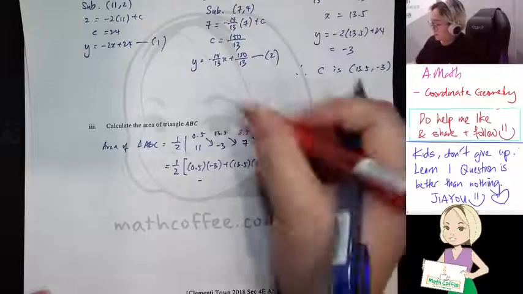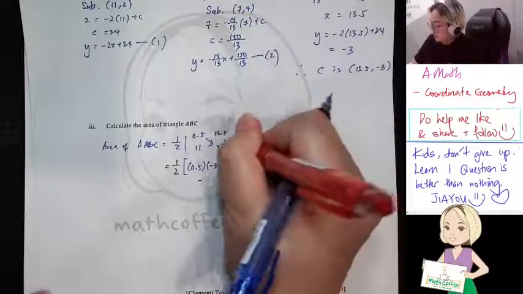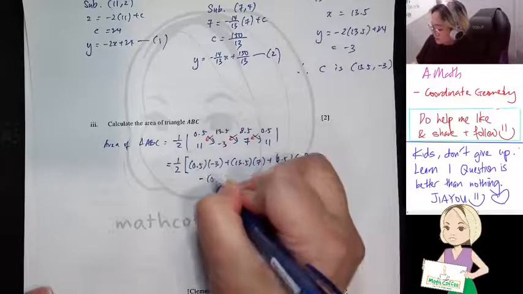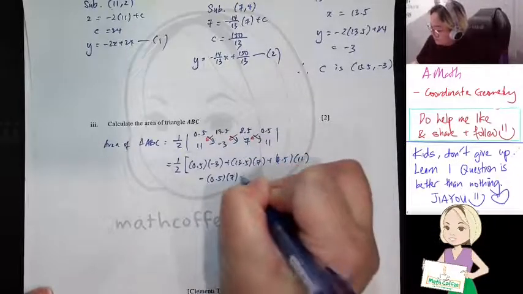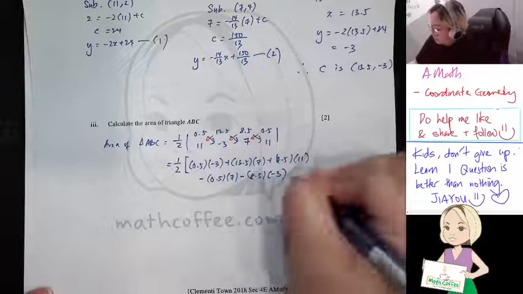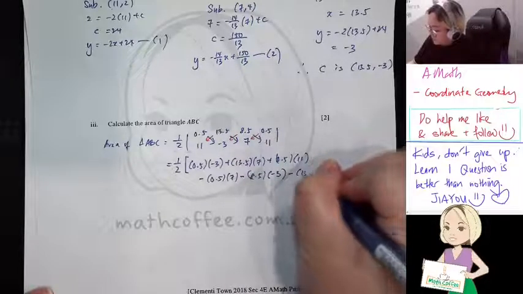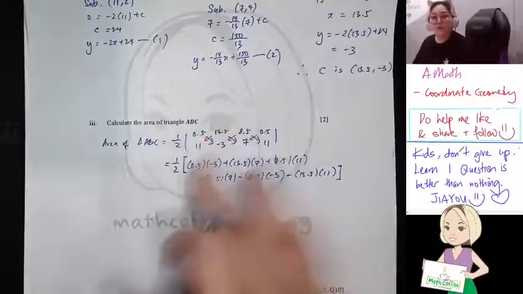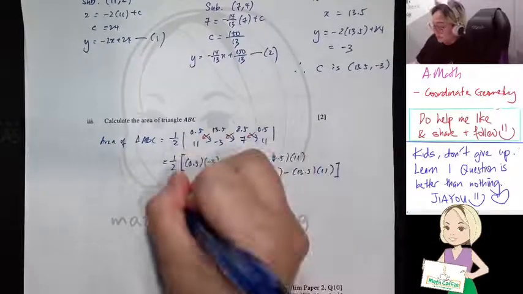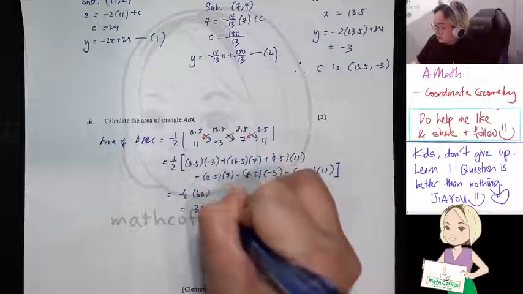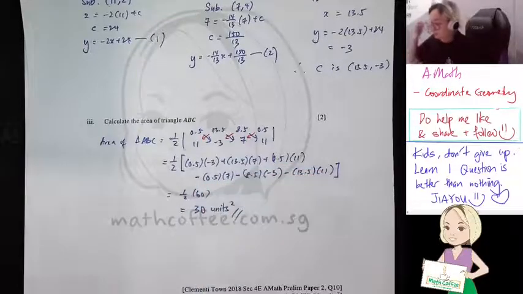I use another color for this direction. So minus 0.5 times 7 minus 8.5 times -3 minus 13.5 times 11. Close it back. Of course, this one I leave it to you to press the calculator. So eventually I get half times 60 and I get 30 units squared. Done.